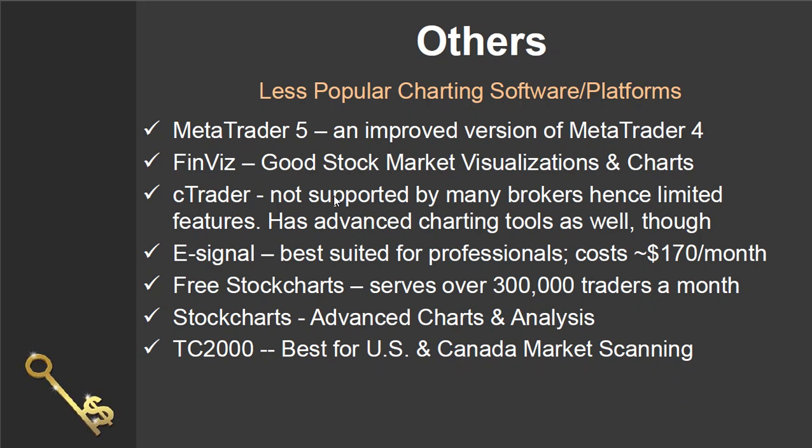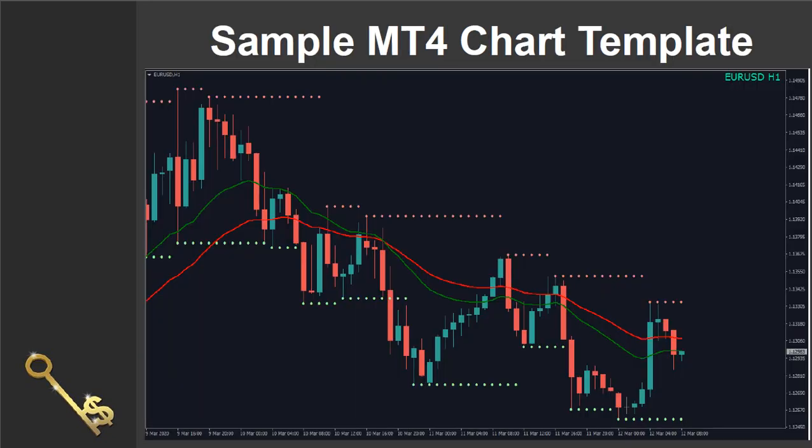Others that are not being used by many are the ones I've mentioned here as MetaTrader 5, FinViz, cTrader, eSignal, Free Stockcharts, Stockcharts, and TC2000. There could be others, and they are very rare, and that's why probably I do not even want to list them here. Let's look at a chart template from MetaTrader 4.